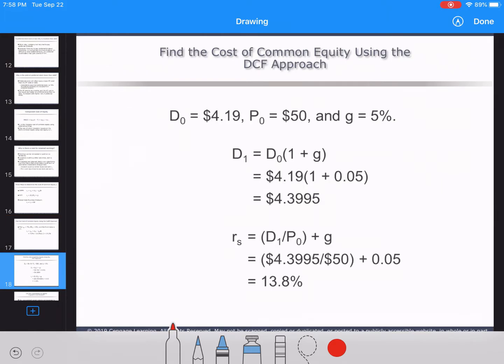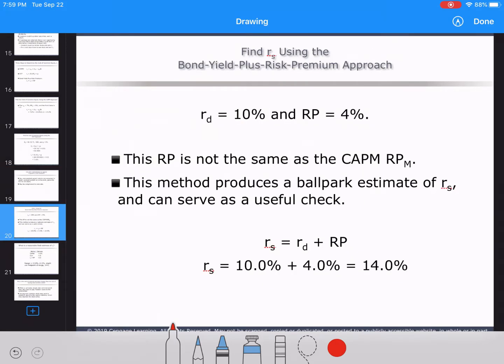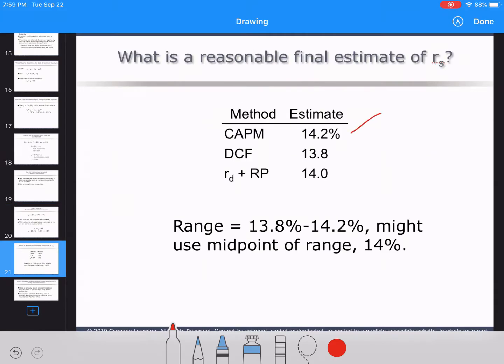Then you apply the DCF method, where R sub S is dividend yield plus capital gains, and you get 13.8%. Finally, you have R sub D as 10%, and the risk premium is the amount that should be in excess of 10%. You add them together to get 14%. So put them together: 14.2, 13.8, and 14. So the range is 13.8 to 14.2.